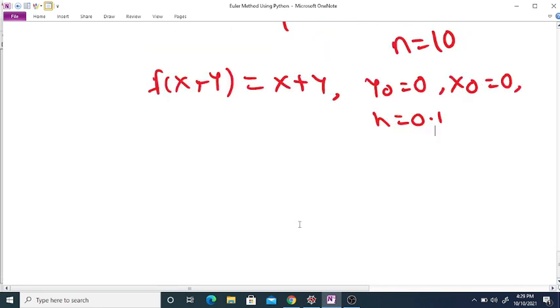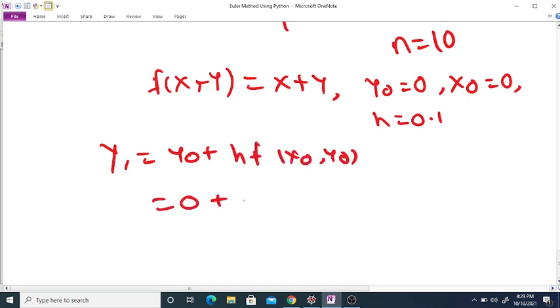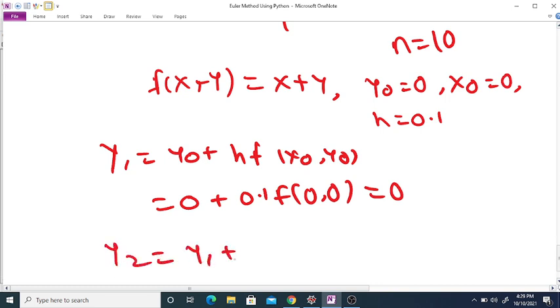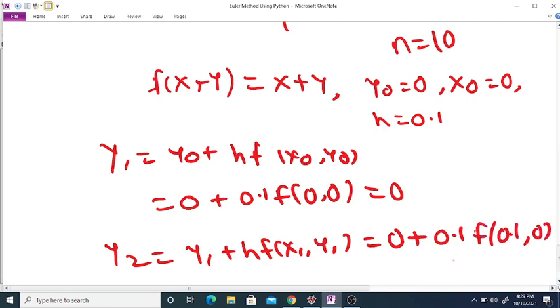Therefore y1 is equal to y0 plus h f of x0 y0. So this is equal to 0 plus 0.1 f of 0 0, which is 0. So y2 is equal to y1 plus h f of x1 y1. So y1 is 0, h is 0.1, f of x1 is 0.1. So this is equal to 0.1 into 0.1, which is 0.01.